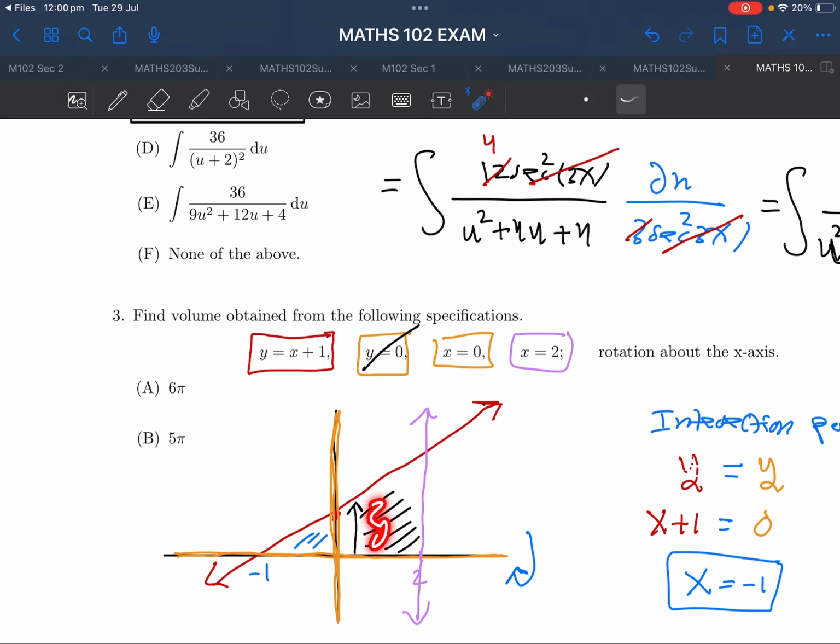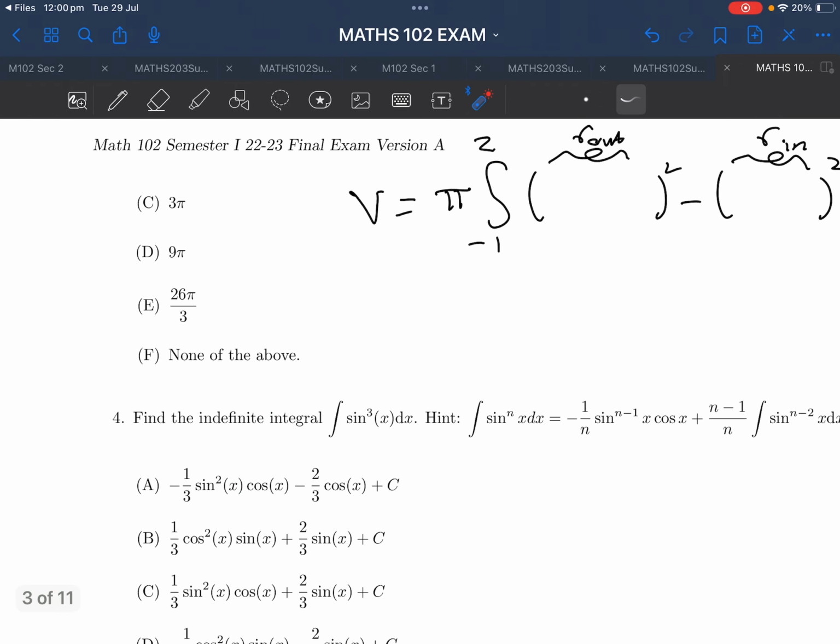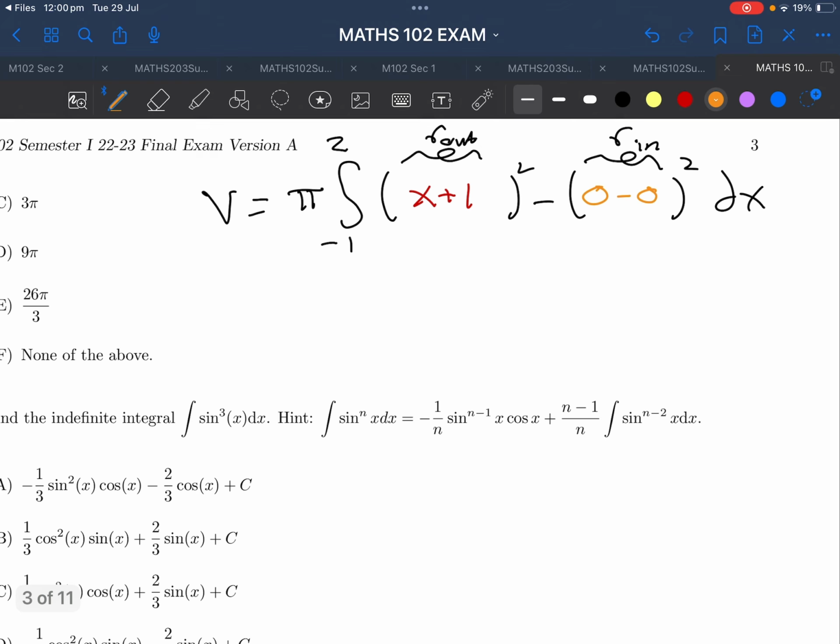How long is this arrow? It will be top minus bottom. So it will be just the red one, x plus 1. Now, of course, if we do it quite correctly, R n will be 0 minus 0, because nothing top, nothing bottom, so there is no R n.